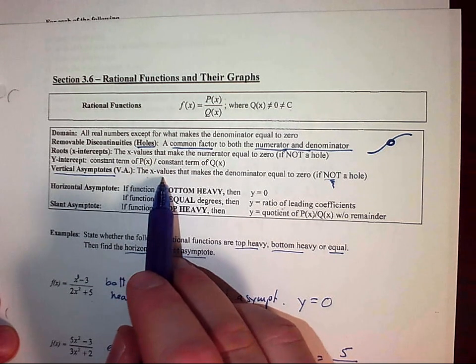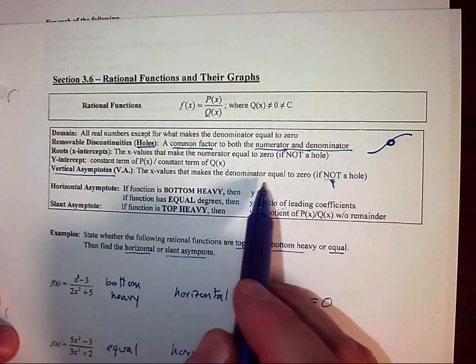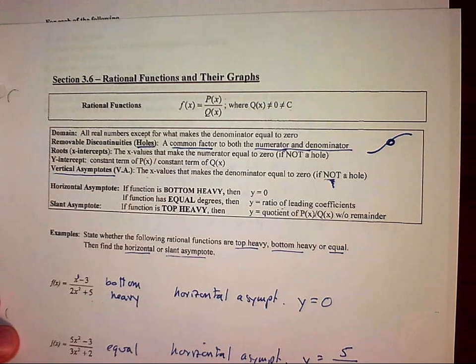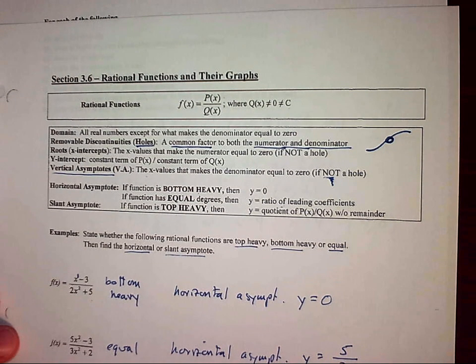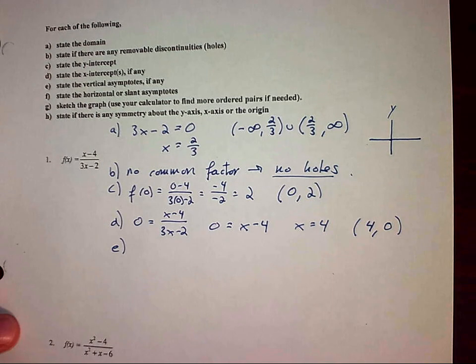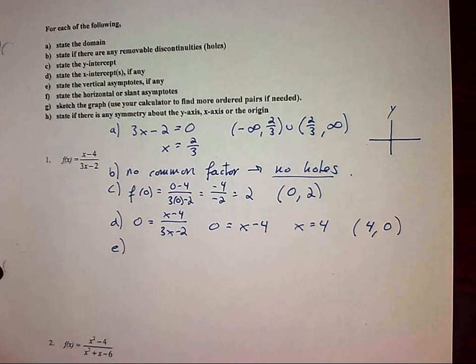It says the x values that make the denominator equal to 0, as long as it's not a hole. Well, we don't have any holes in this problem. So we just have to figure out which value makes our denominator equal to 0. Well, we already did that.